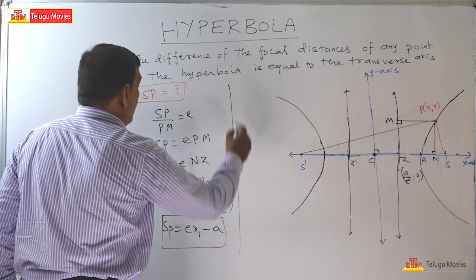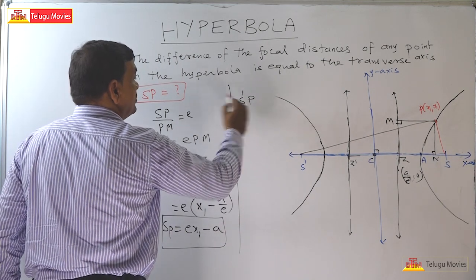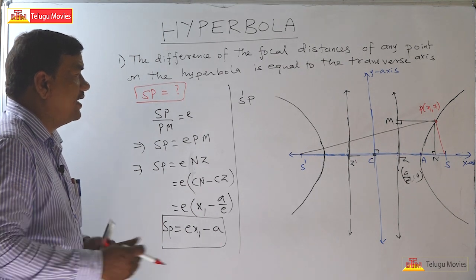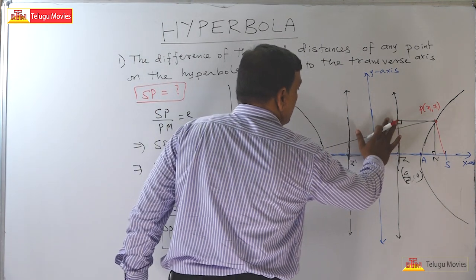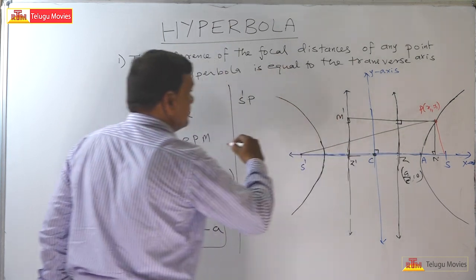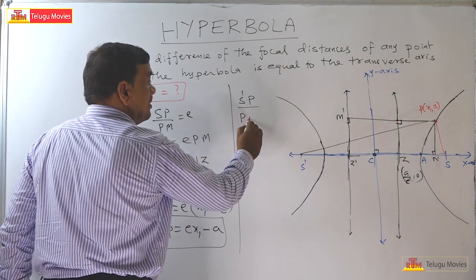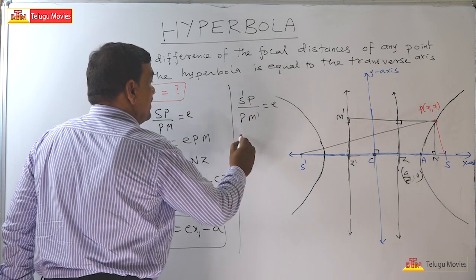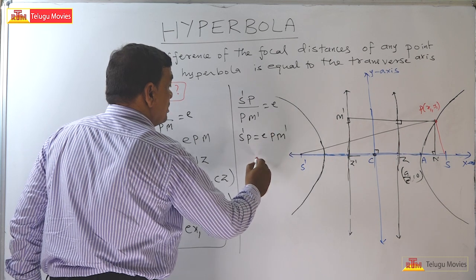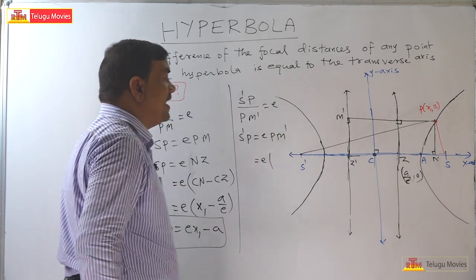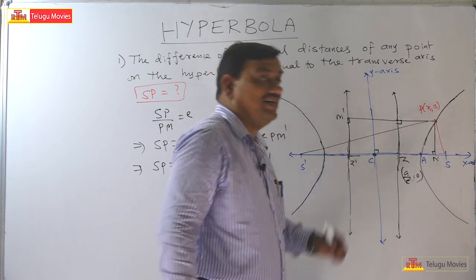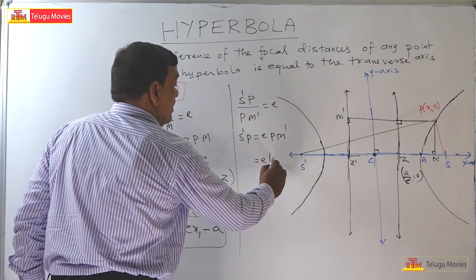Similarly, if you want to find out this distance S dash P, now S dash P by PM dash, this is PM dash. So, S dash P by PM dash is equal to E. S dash P is equal to E times PM dash. PM dash is nothing but NZ dash from the diagram.